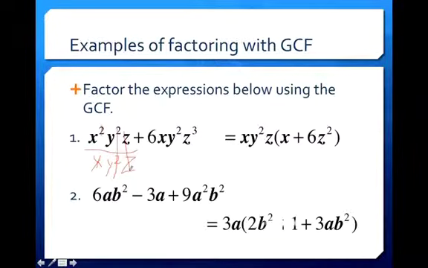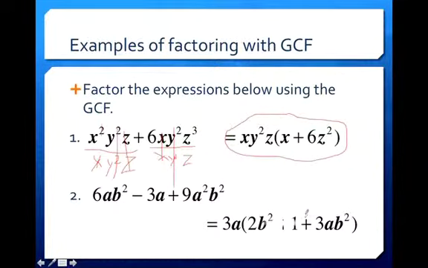The z's cancel out with the z's. Over here, same thing. The x's cancel out. The y squareds cancel out. And z cubed divided by z is just z squared. So this is our final answer. This is the answer of our factoring problem.